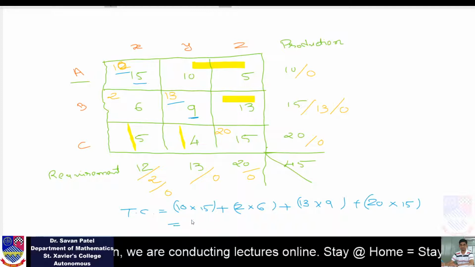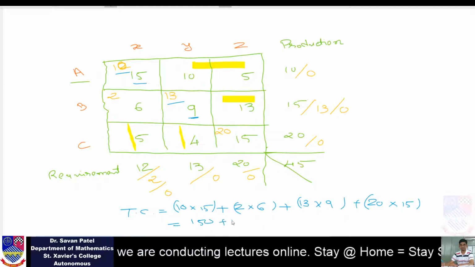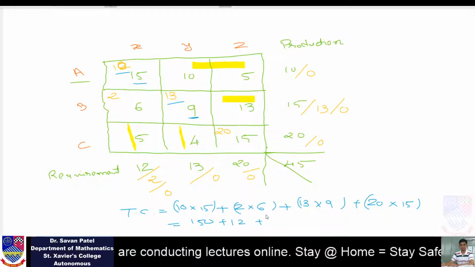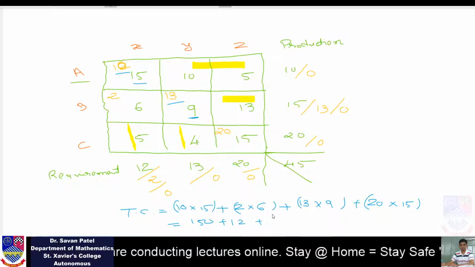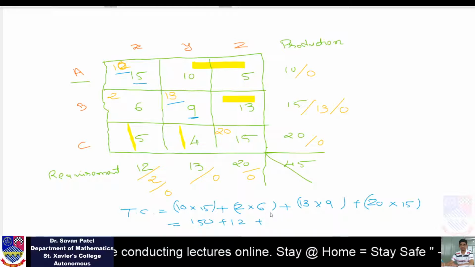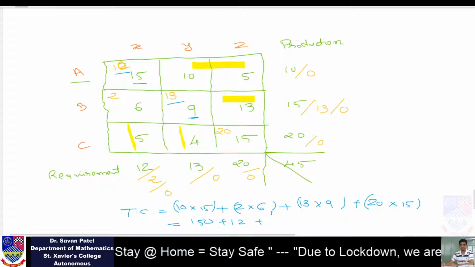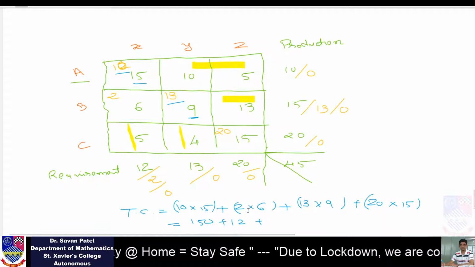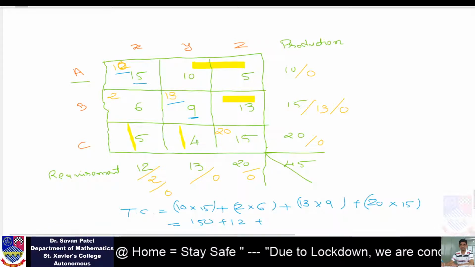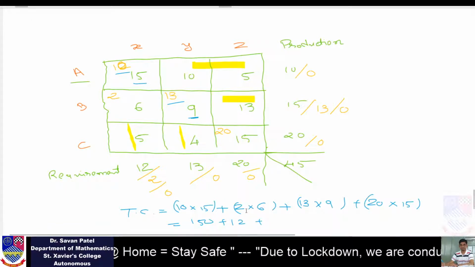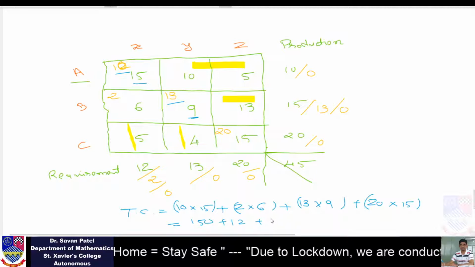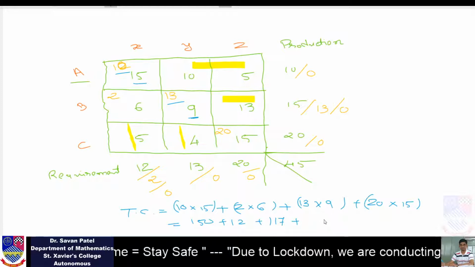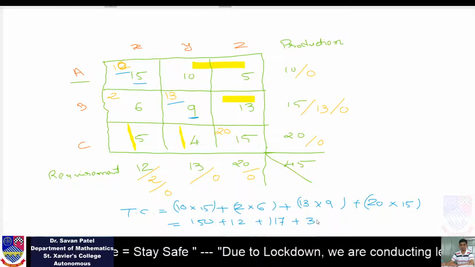If we calculate it, it is 150 plus 12 plus 13 times 9, which is 117. Then 117 plus 20 times 15, which is 300.